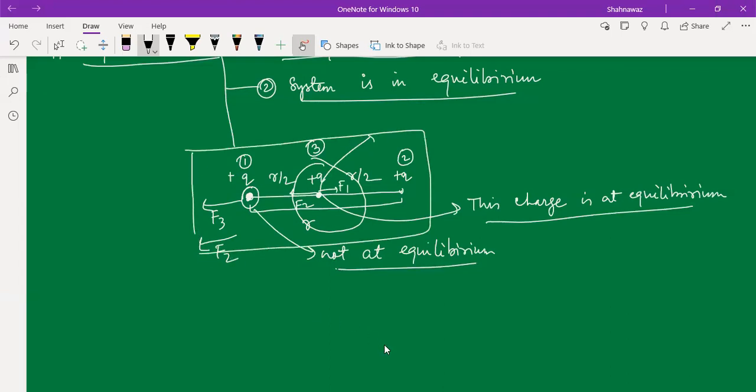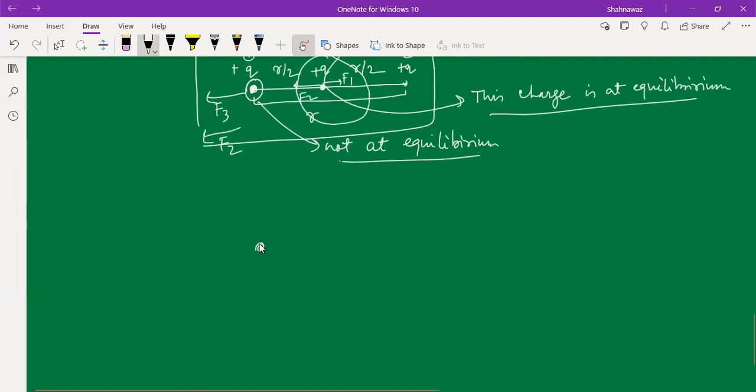For the system to be in equilibrium, all the forces... Yes, sorry about that.